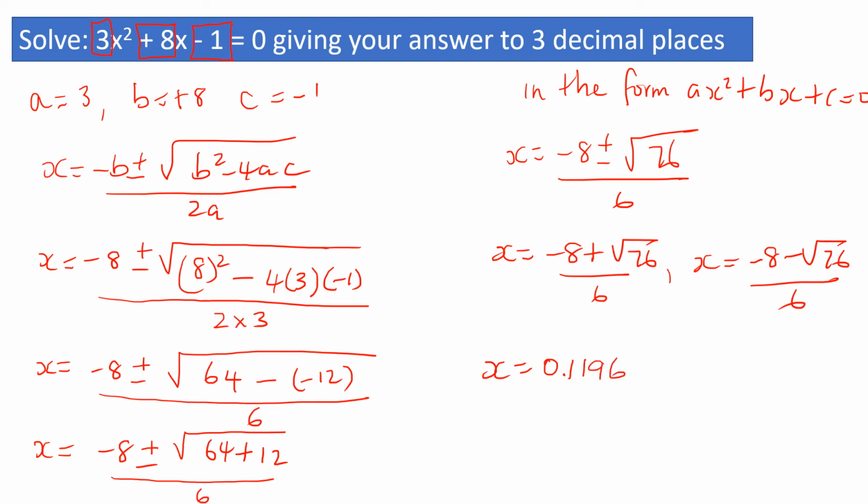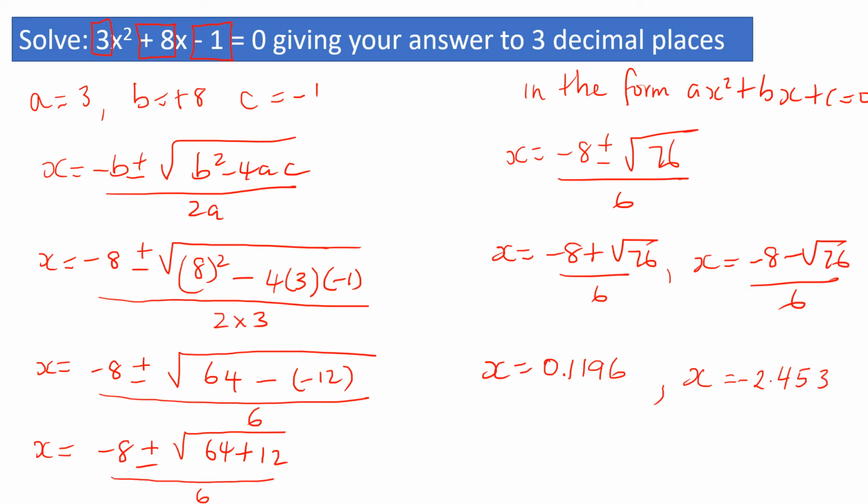Now I'm going to keep that. X is equal to here, negative 8 minus the square root of 76. We got a negative 14.717797989. Divide that by 6, it's going to give me a negative 2.453.